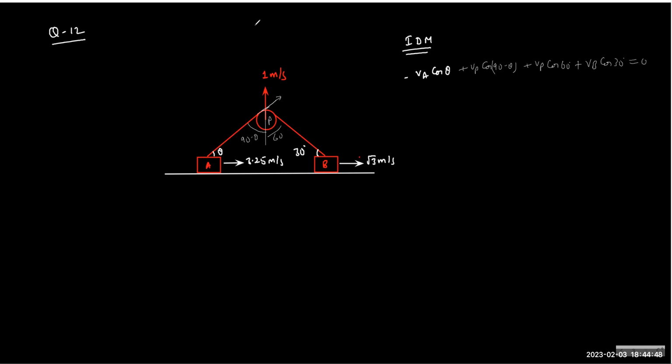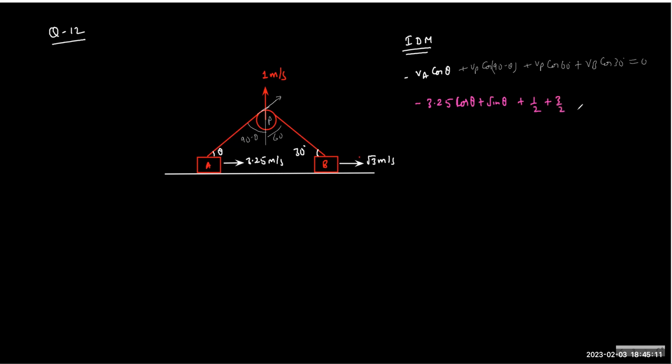So writing the increment and decrement is the easiest way to get the answer, and then you can substitute the values. VA is given as 3.25. This is sine theta. This is 1 by 2. This is root 3 by 2, right?